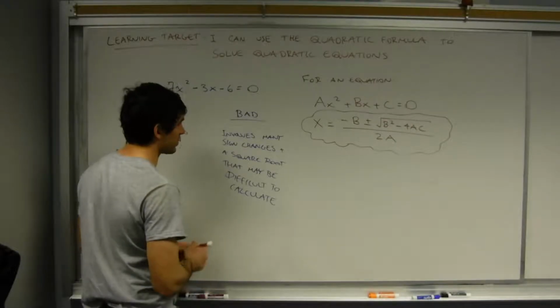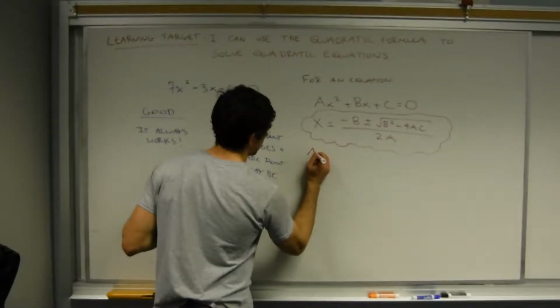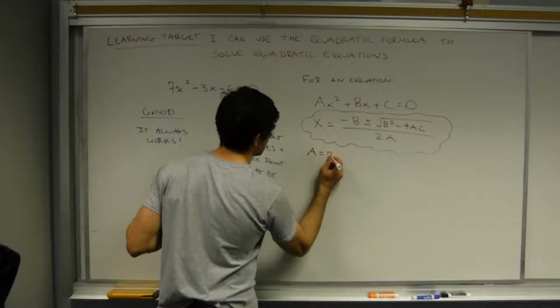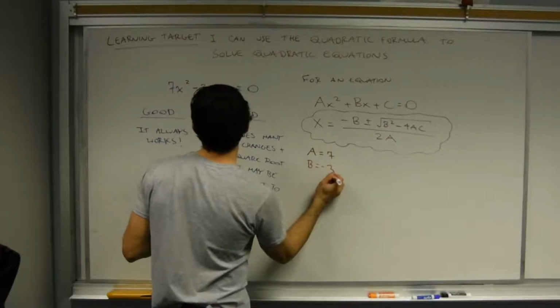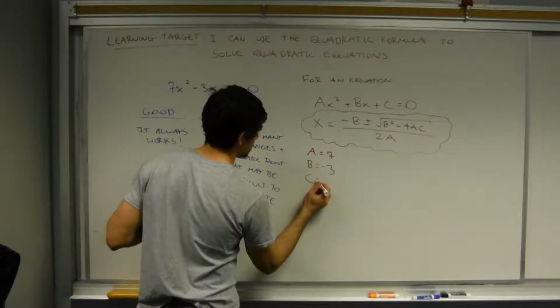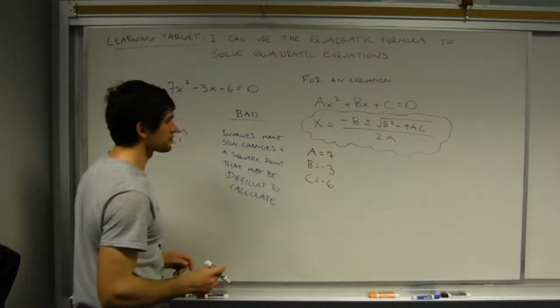So if we're starting at the most basic level, write down a is equal to 7, b is equal to negative 3, and c is equal to negative 6.